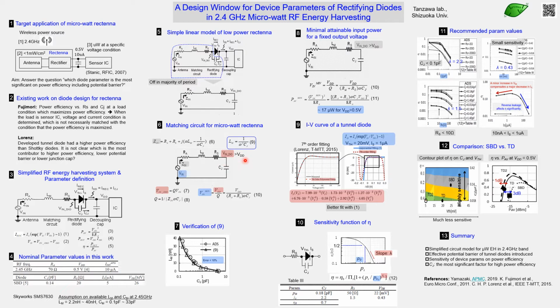Therefore, V in diode must be greater than VDD. So at this critical point, the input voltage must be greater than this, which is expressed by equation 10 using equations 7 and 8.